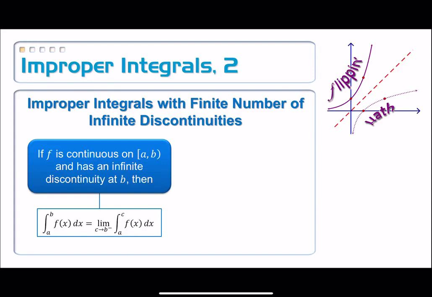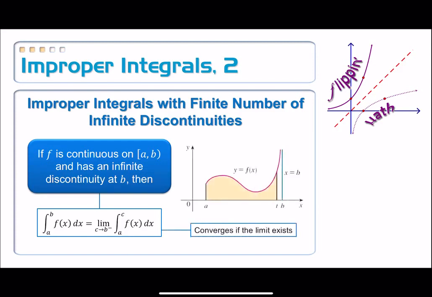In order to understand that, let's take a look at a picture here. So we have on the right-hand side this infinite discontinuity. We have a vertical asymptote there, and if we have a vertical asymptote on the right-hand side, we have to approach that from the left, which is why this limit has c approaching b from the left-hand side.